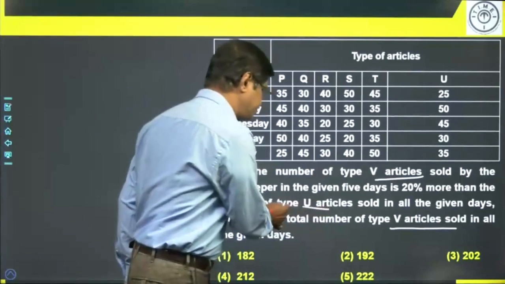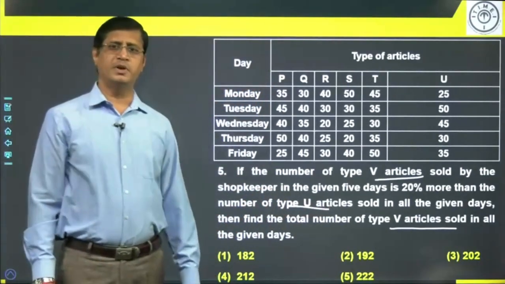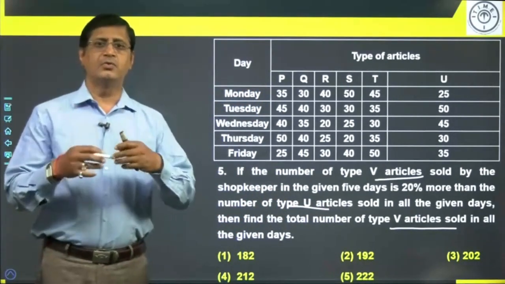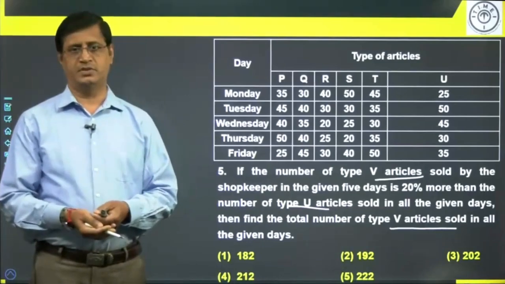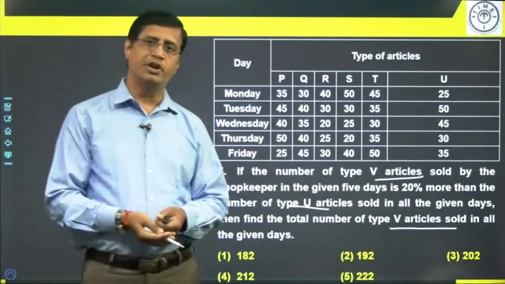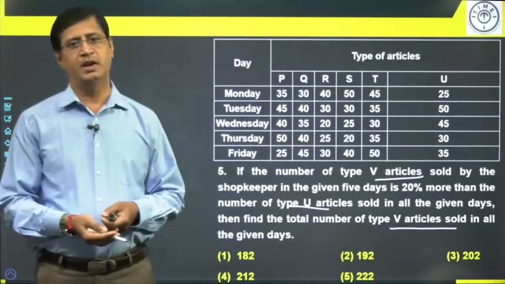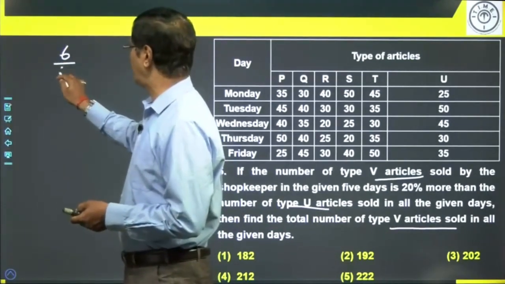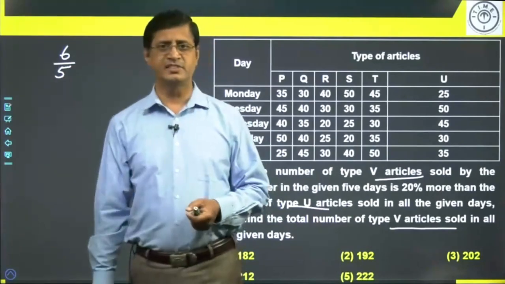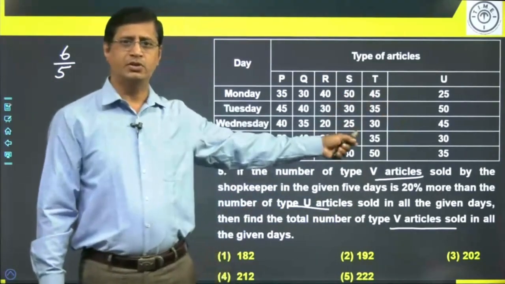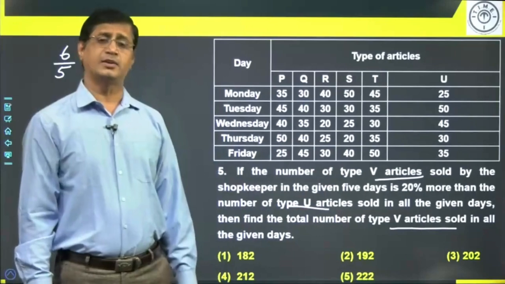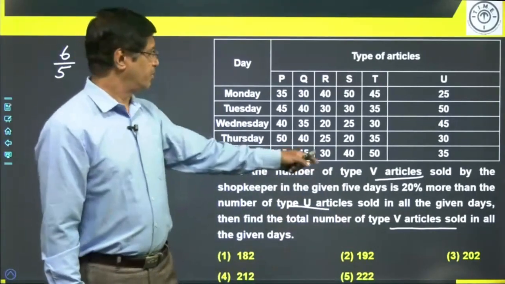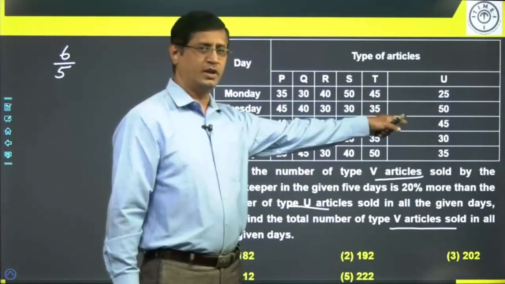Article type V sold here is 20% more than type U. 20% more means when U is 100%, V is equal to 120% of it. 120% means 120 by 100, which is 6 by 5. Now to find the value of U, what is the total number of articles sold in that week?